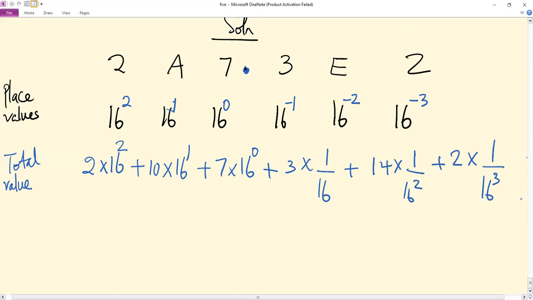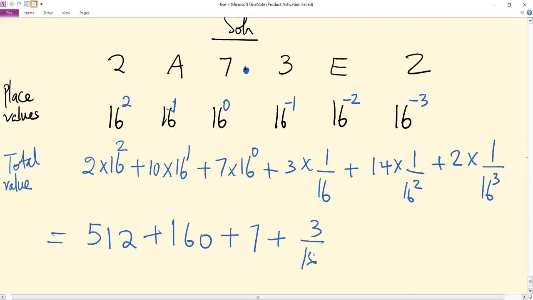So when you work this out, 2 times 16 squared is 512, plus 160, plus 7, plus 3 over 16, plus 14 over 16 squared which is 7 over 128, plus 2 over 16 power 3 which is 1 over 2048.